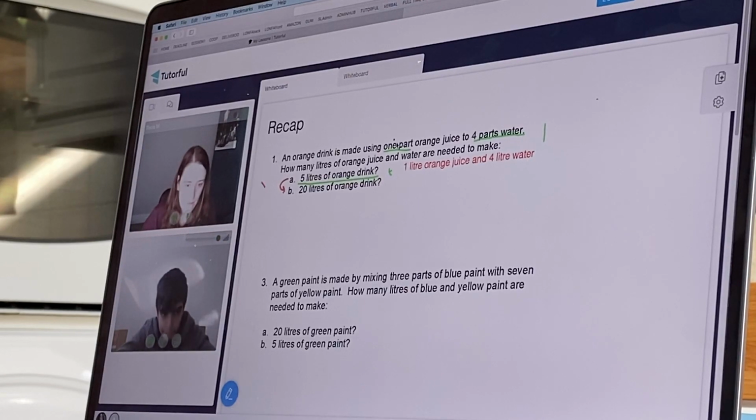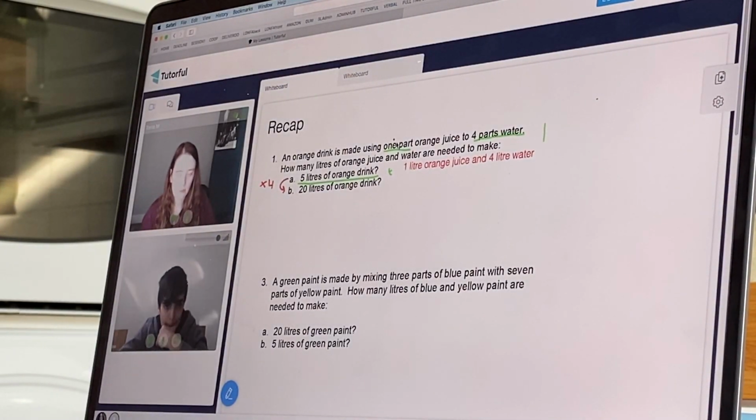And then it makes 20. So if we multiply everything by 4, how much orange juice and water do we need?